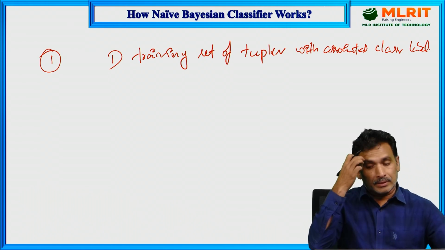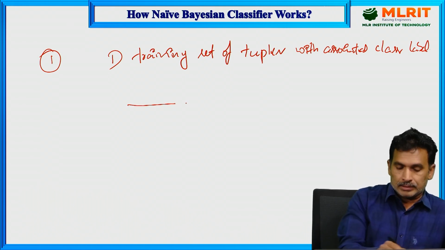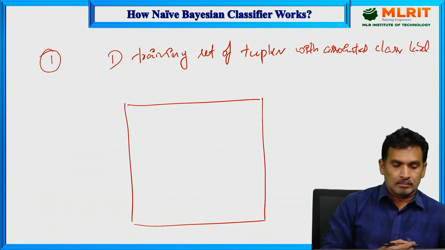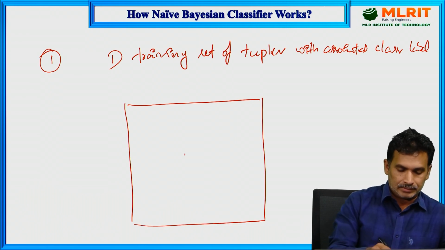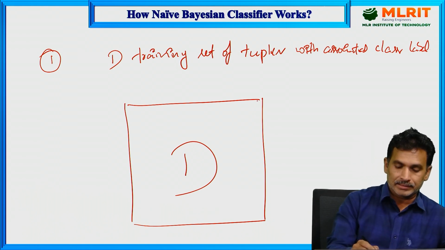So this is a data set with the associated class labels.